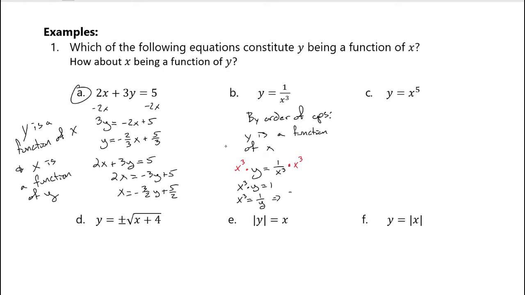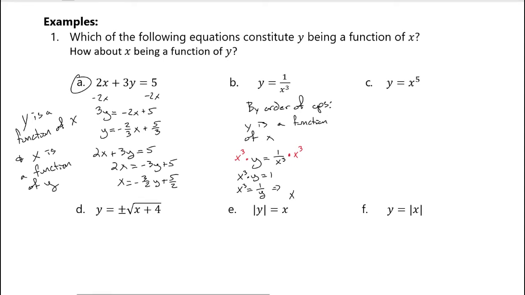And then we can take the cube root of both sides to get that x equals the cube root of 1 over y. And so for each y value, when I take a cube root, I'm only going to get one answer out for the x. So this is x is a function of y as well.